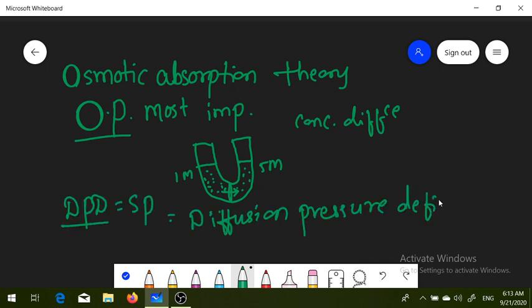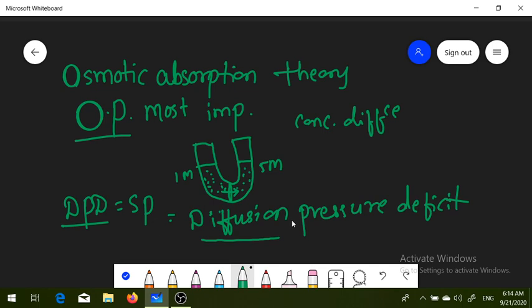The diffusion pressure deficit means, suppose there is a semi-solid substance and a watery substance. The watery substance moves fast and the semi-solid substance does not move fast because there is a deficiency of fluidity, and due to that there is a deficiency of diffusion pressure.